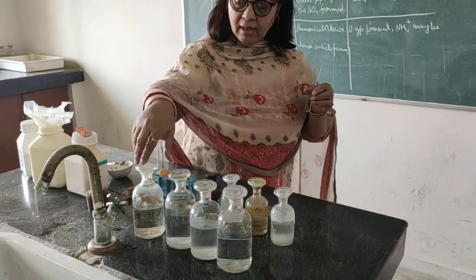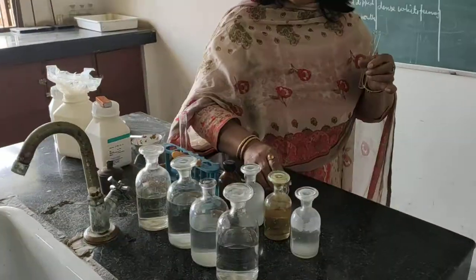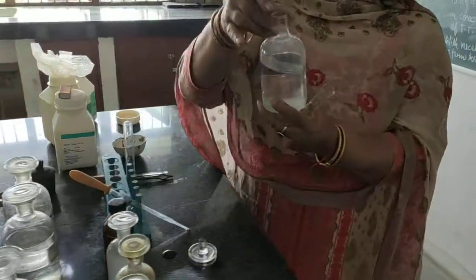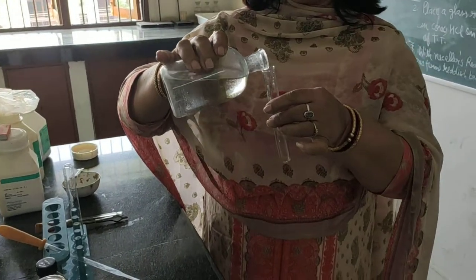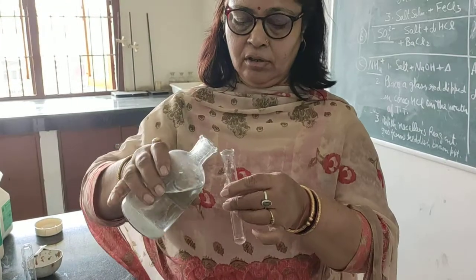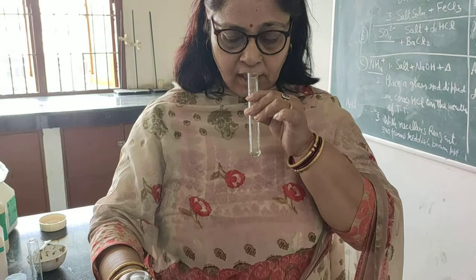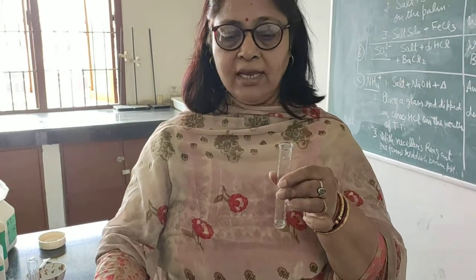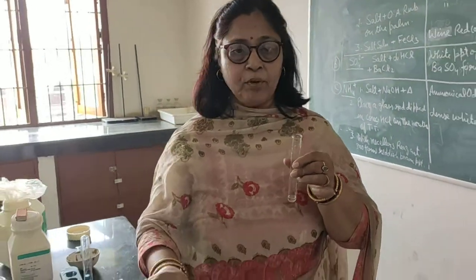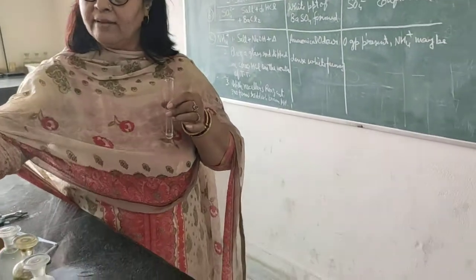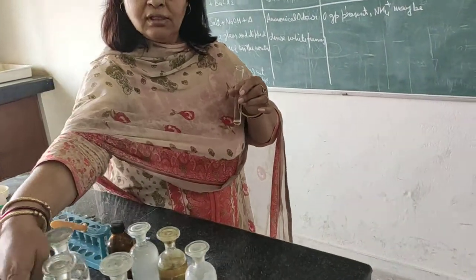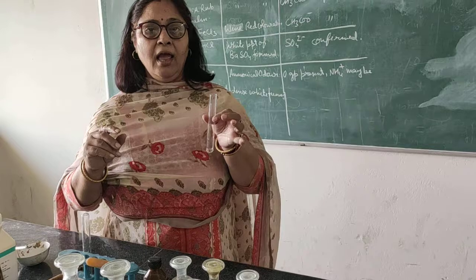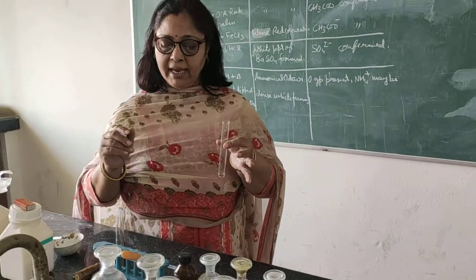Now I add dilute H2SO4 to it. When we add this dilute H2SO4, a vinegar odor comes out. Vinegar odor means sirka type odor. So this shows that the acetate group may be present, right?